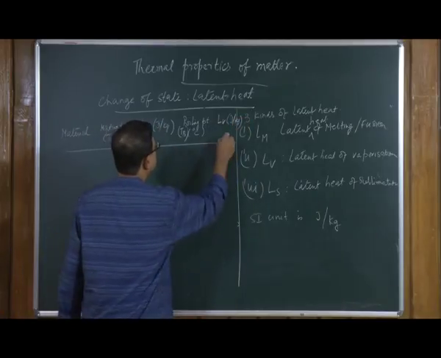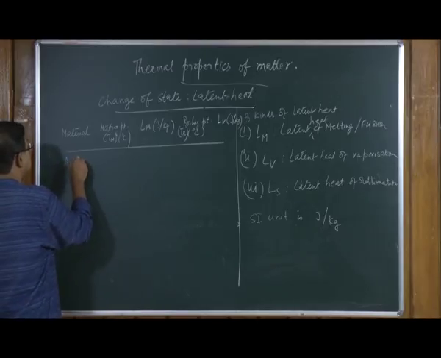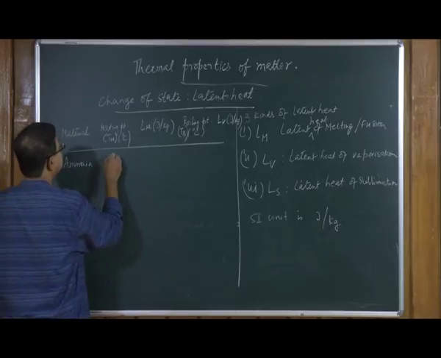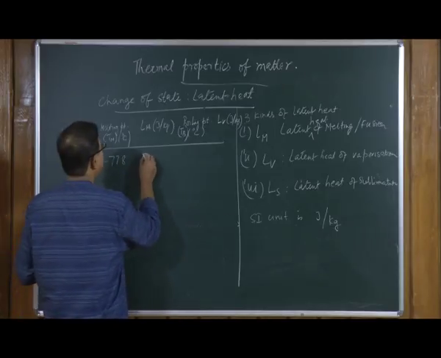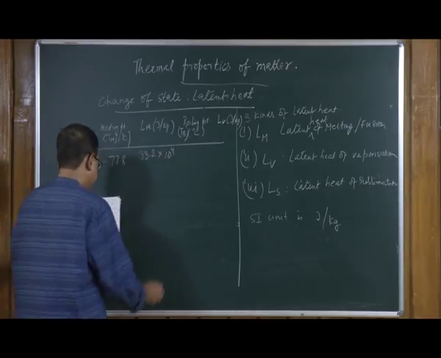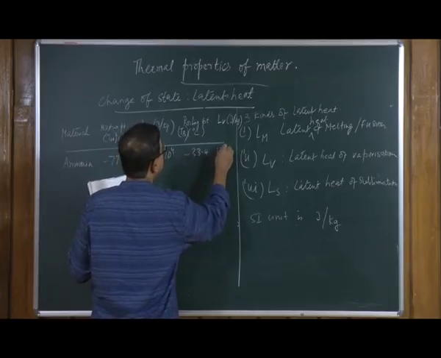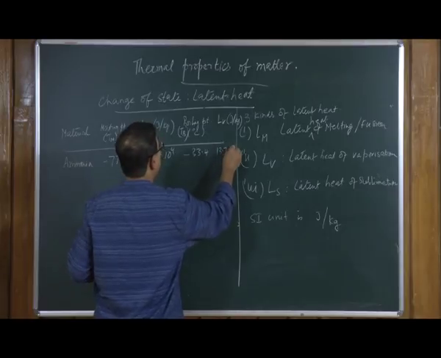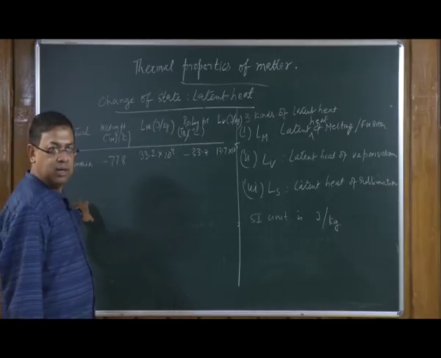So, these are the parameters that we are using, and let us write ammonia, NH3, whose melting point is minus 77.8 degree centigrade. The value of Lm, that is the latent heat of melting or fusion, is 33.2 into 10 to the power 4. Its boiling point is minus 33.4, and Lv is 13.7 into 10 to the power 5.